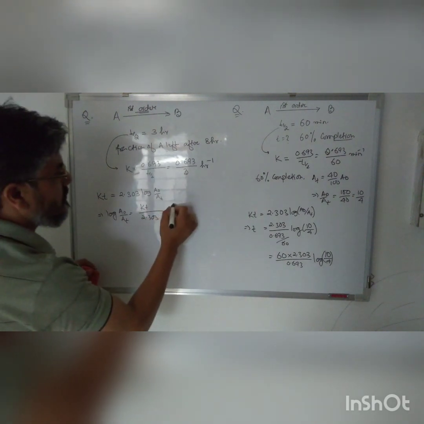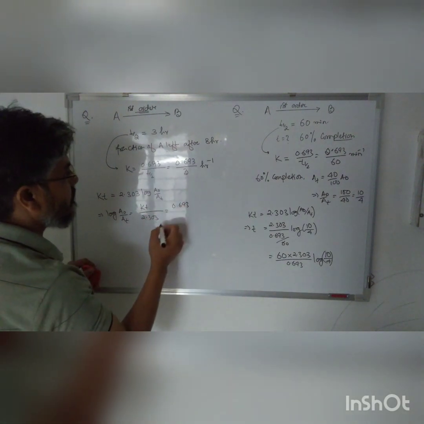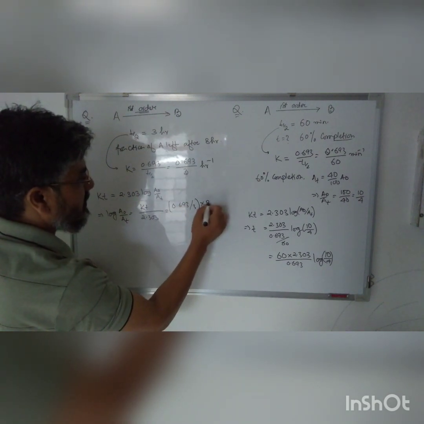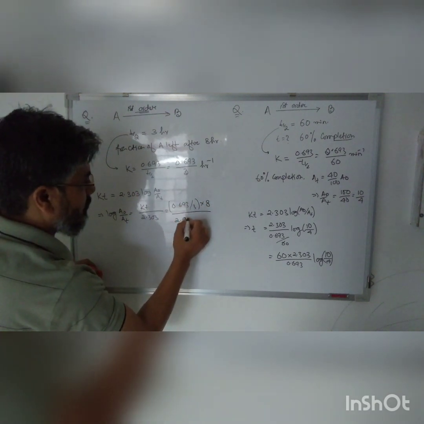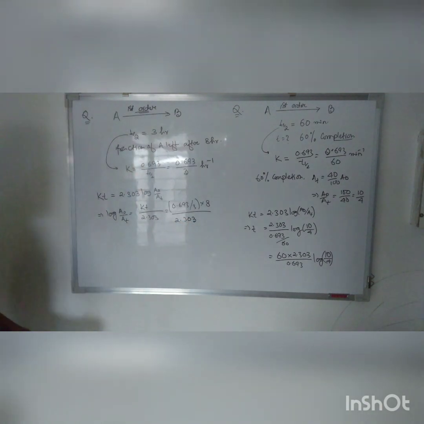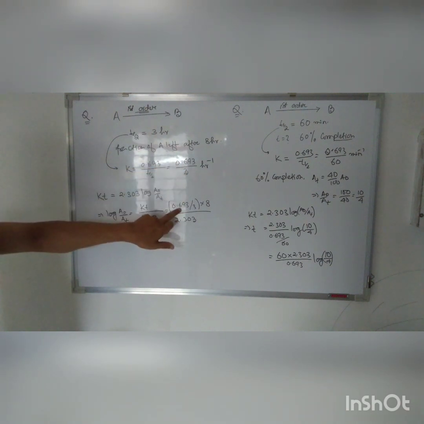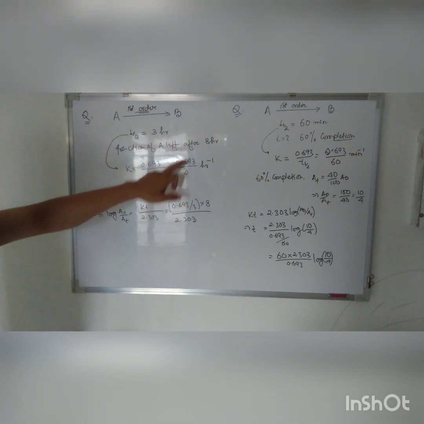So K is equal to 0.693 divided by 3 into time 8 divided by 2.303. So the total time is 8 hours. This is rate constant K, which is equal to 0.693 by 3.